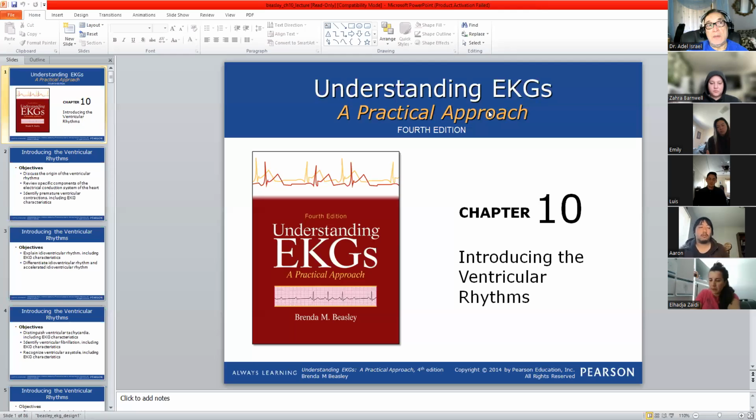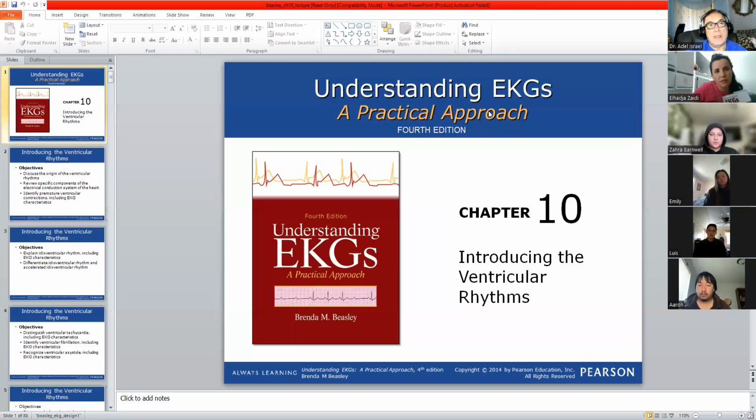If I am going to talk about a ventricular issue, what will be my target to look at? Which part? QRS. Perfect.